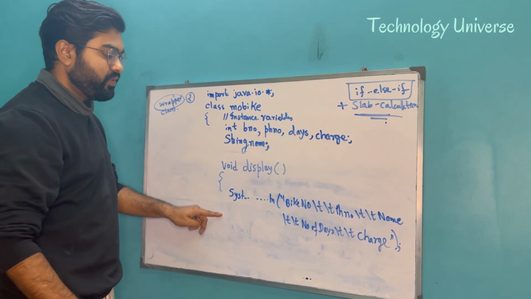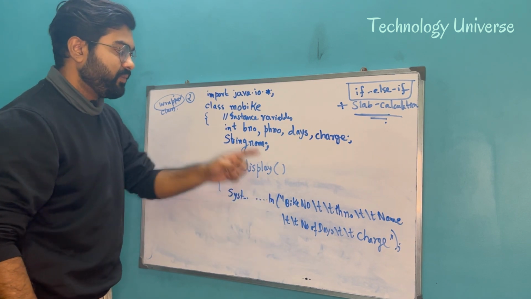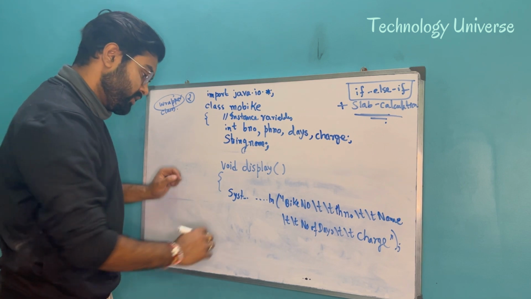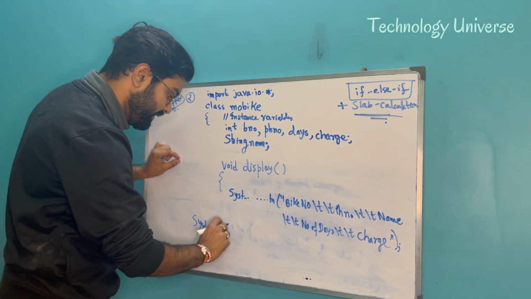Now in the next line, we have to print the respective details below these headers. Below bike number, we would write the bike number, below phone number, we would write the phone number, and likewise. So let's print that. System.out.println.